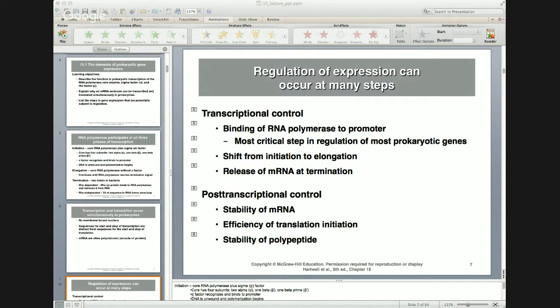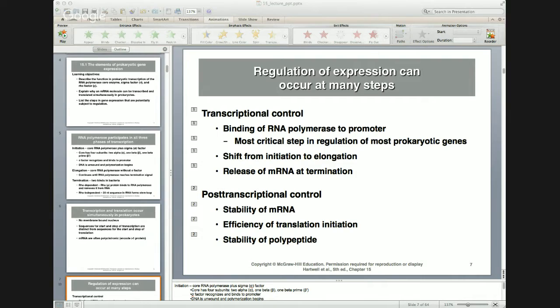For example, you could block that sequence on the gene, and that will prevent the RNA polymerase from binding. So that would be one way of regulating gene expression. This is the most critical step in prokaryotic genes, that binding of the RNA polymerase to the Tata box.